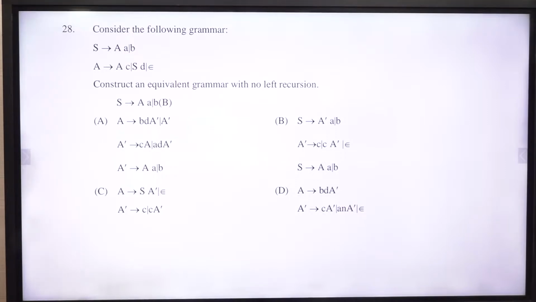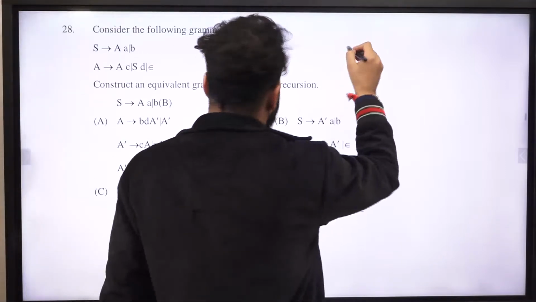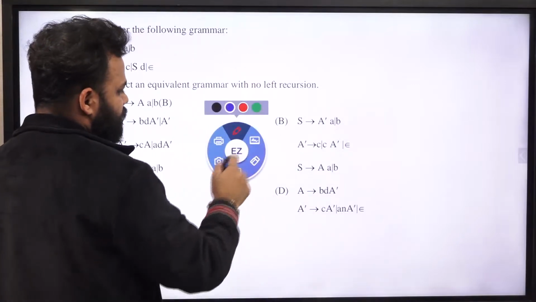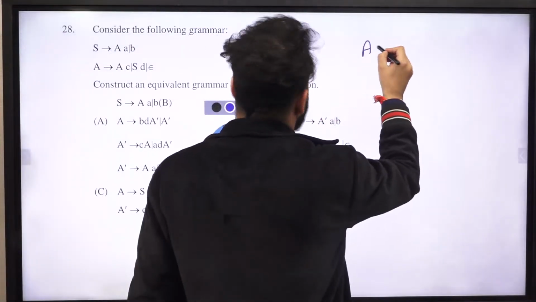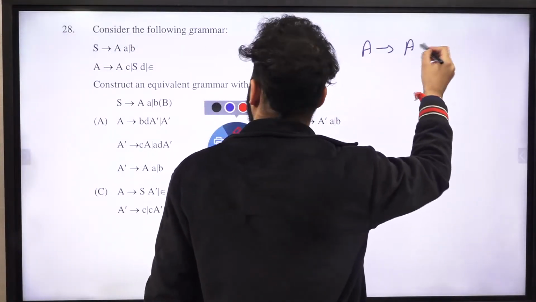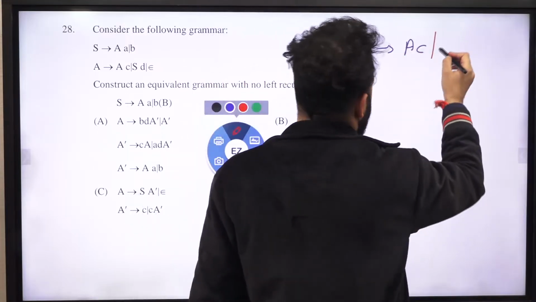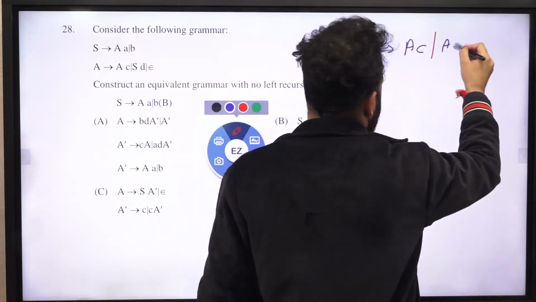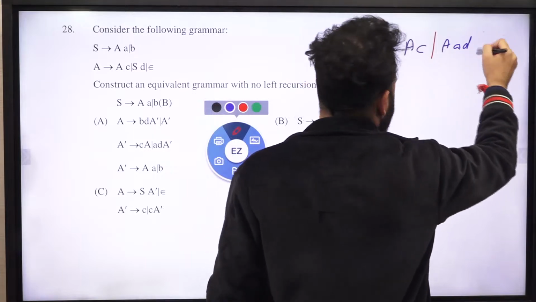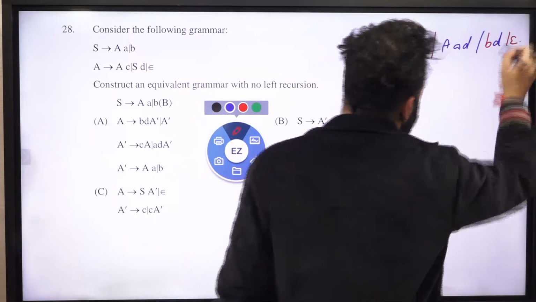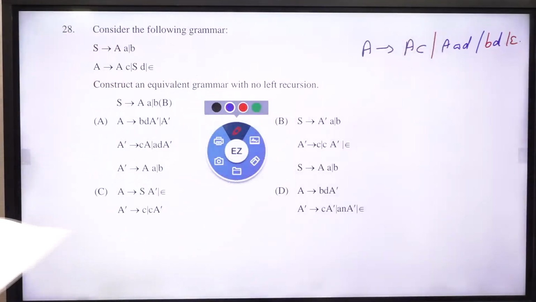Now see, what we will do here is we can make this a single string. A is equal to AC, and if I substitute S, it will give me AAD and BD and epsilon. So this is the thing, and we have to remove the left recursion.